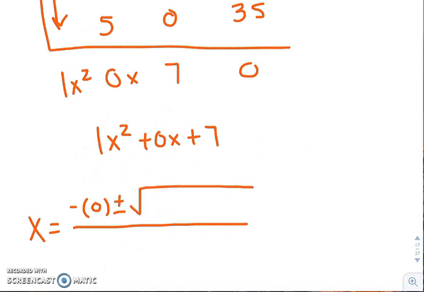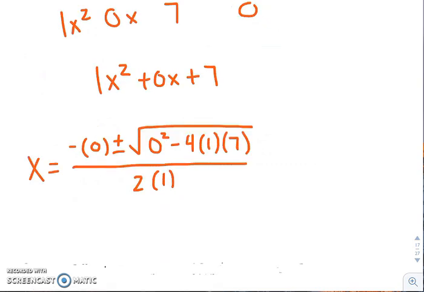Remember, the plus or minus, guys, means that that's how you get two answers from this quadratic formula. Plus whatever's under the square root and minus whatever is under the square root. So b squared, 0 squared, that'll be easy. Minus 4 times a, which is 1, times c, which is 7, all over 2 times a, which is 1.